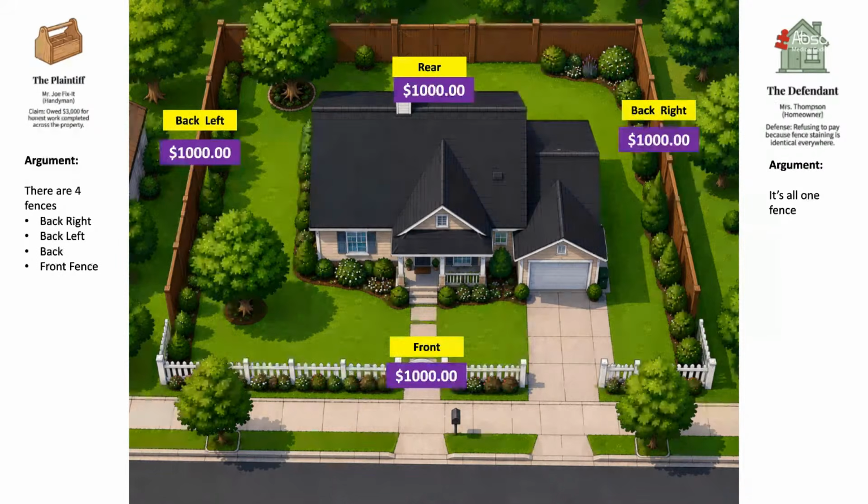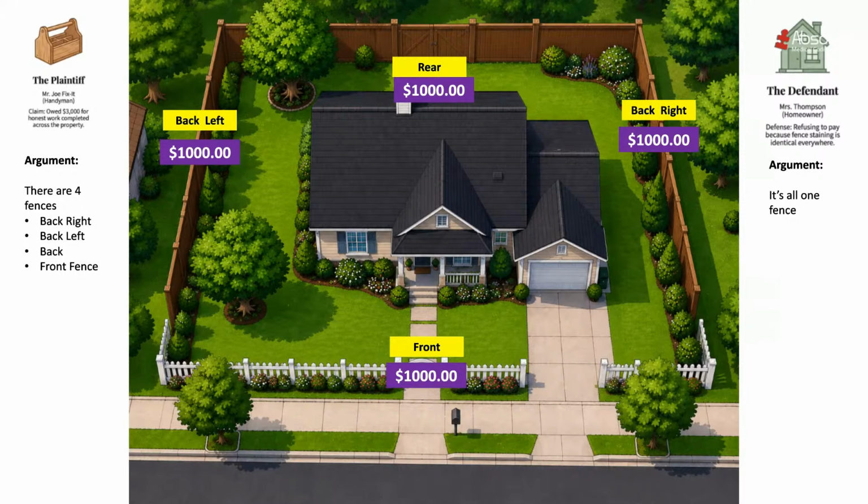We're novices. To us, that looks like one fence. And Mr. Joe wasn't clear, but he is correct. They are different fences. And if you look at the rear fence, there's even a door on that fence. So these are different fences because they're in different parts of the yard and they have different names.